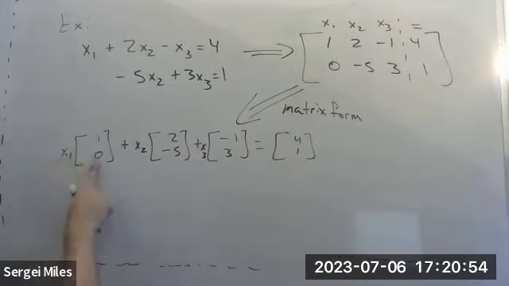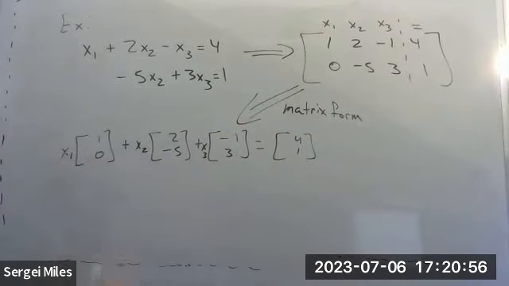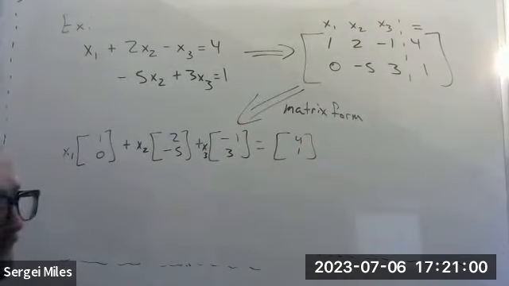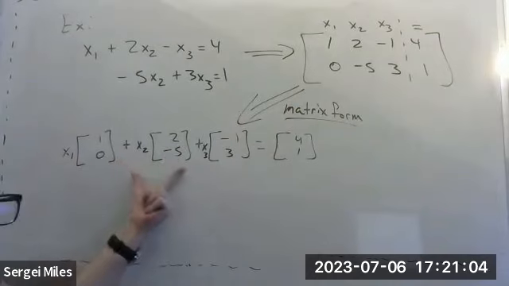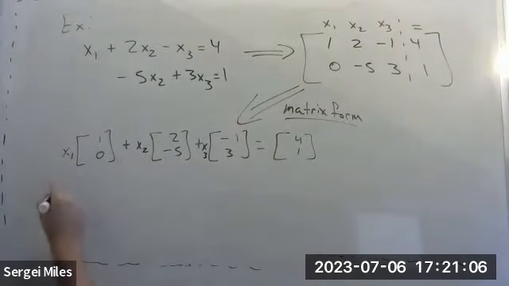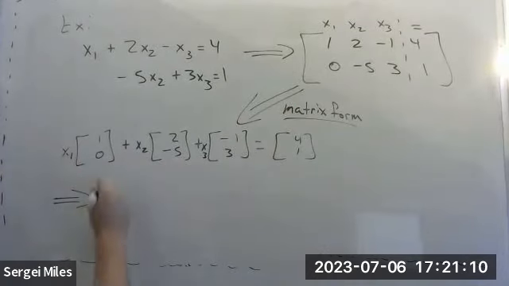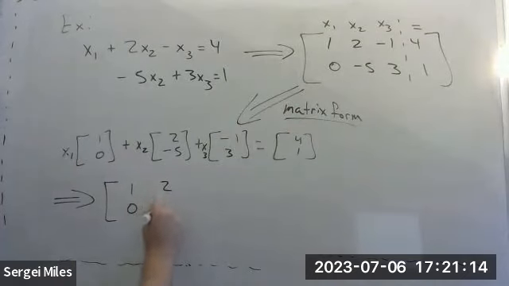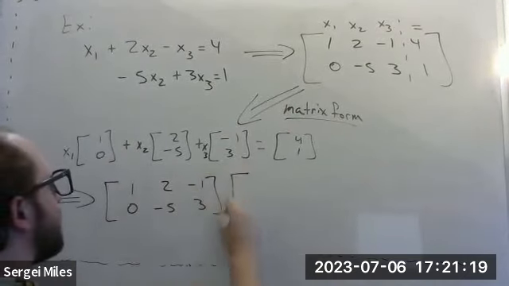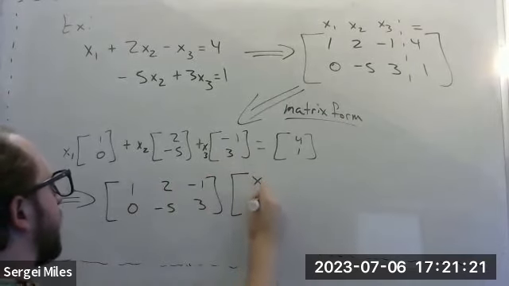Well, if I multiply by the x's and add these column vectors together, it's going to be the same thing as these equations I have up here, right? But this linear combination is the same thing as matrix multiplication. So I have the matrix with rows 1, 2, -1 and 0, -5, 3, times the column vector of my x's.